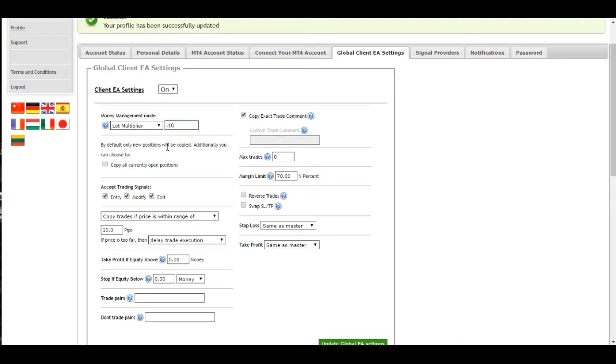It means you're taking the exact same risk as the auto trader account, but if a trade is lost, you're not going to lose as much as the auto trader account. And if we profit $300, you're getting 10% of that $300 theoretically. So your account would have $30 in profit.